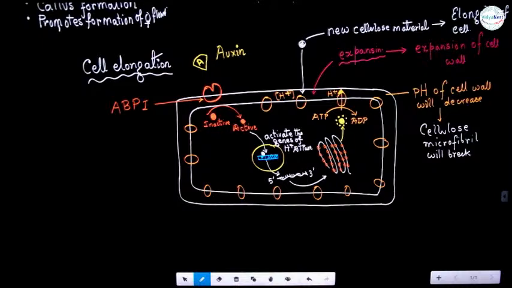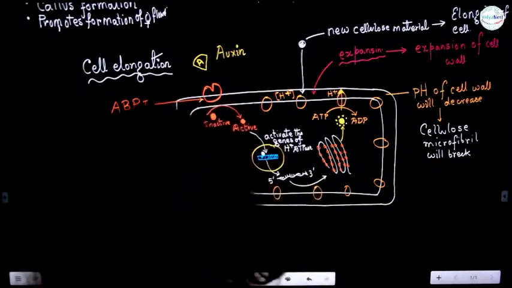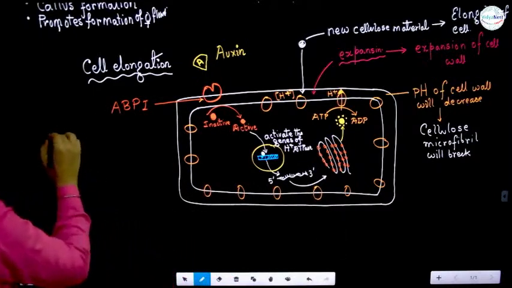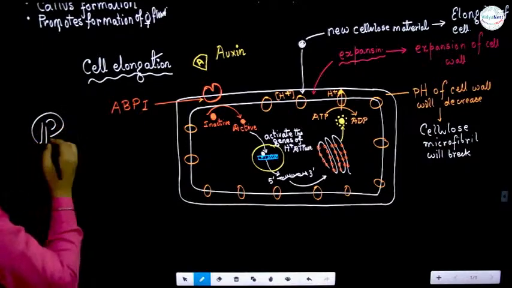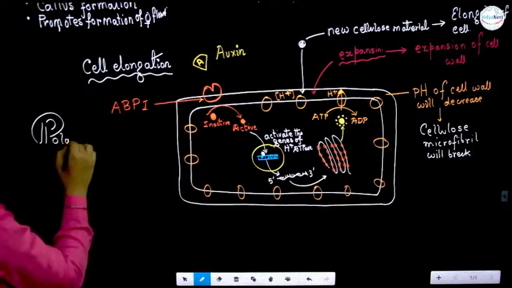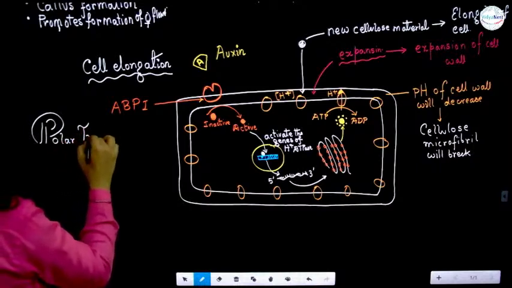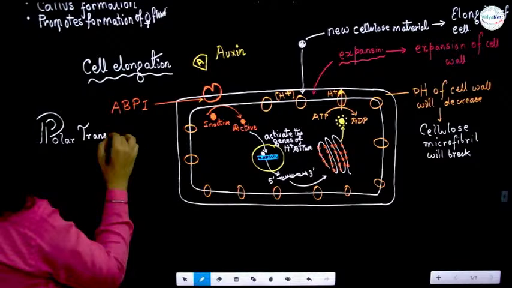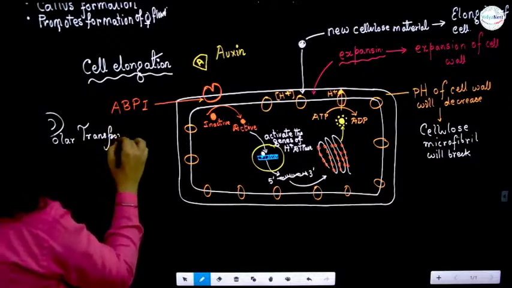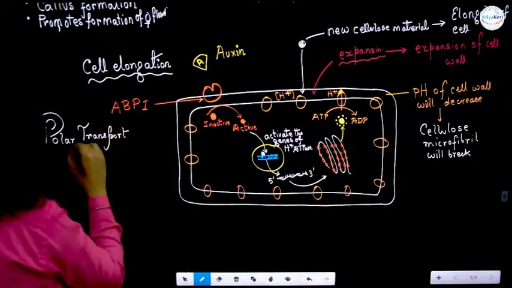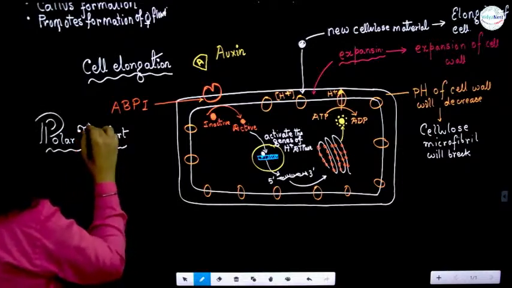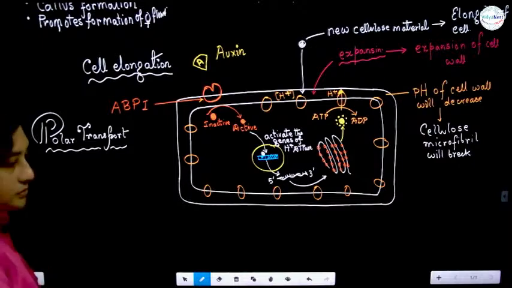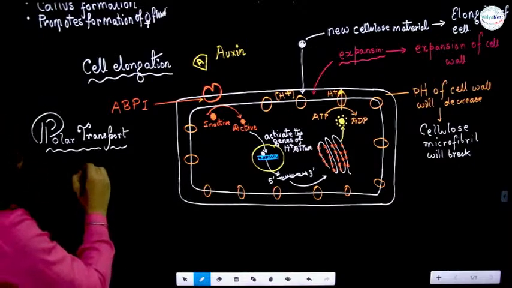Okay. And moreover, another very important property of auxin is that it is having a feature of polar transport. Now, what is this polar transport?